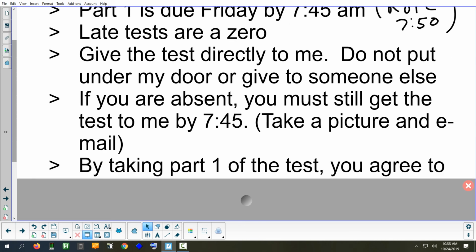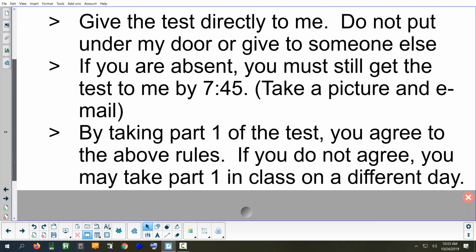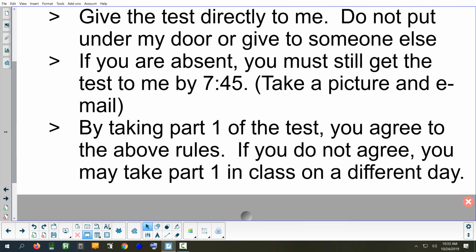So for everybody that is in class right now, if you take part 1, all of these rules apply to you. If you don't like those rules, you don't have to take part 1 then. You can do part 1 a different day, either in class, before school, after school, or during a study hall. You can do part 1 some other time.